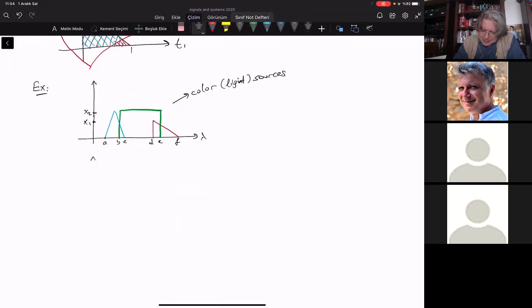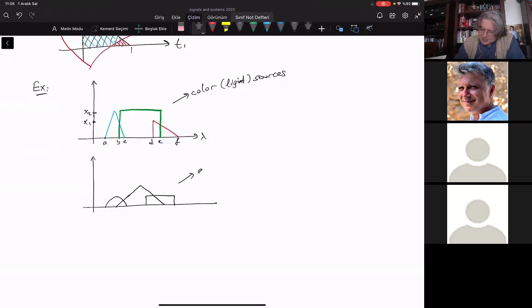And then I have the human visual system. The human visual system can be a half circle for the blue, a triangle for the green, and this rectangle for the red.